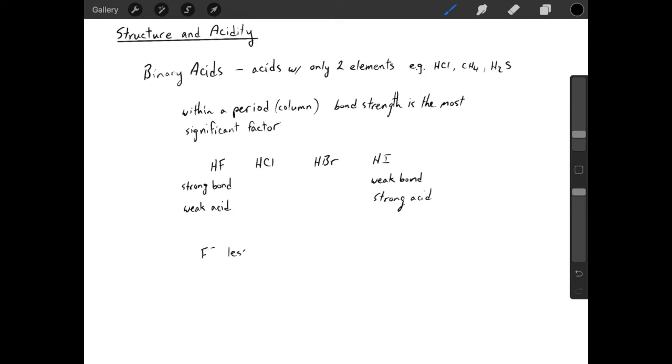F- is relatively a less stable conjugate base than I- because that negative charge is spread out over the volume of a fluoride ion, which is very small, so that negative charge is fairly concentrated. And in the I-, that negative charge is spread out over the entire volume of the iodide ion, which is quite a large ion.